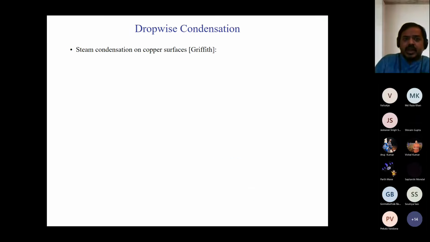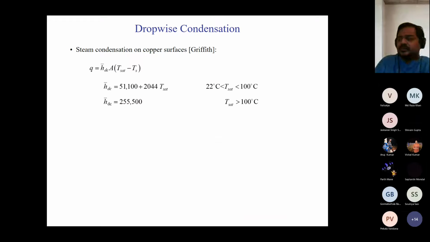Okay. Dropwise condensation, steam condensation on copper surfaces. Typically, H values are higher. Reliable correlations do not exist. This is one correlation that was given by Griffith for steam condensation on copper surfaces. And this is what he gave. And as you can see, this is absolutely empirical.